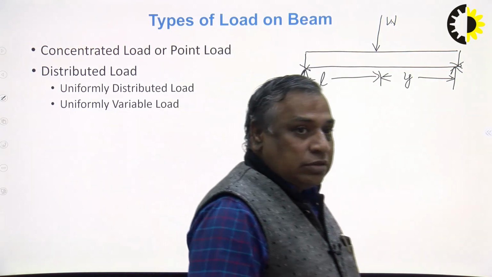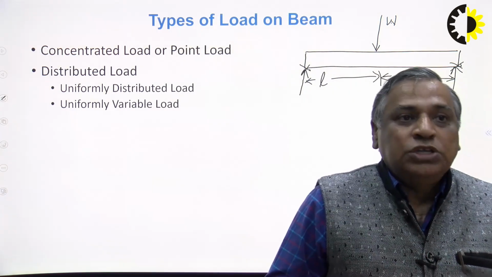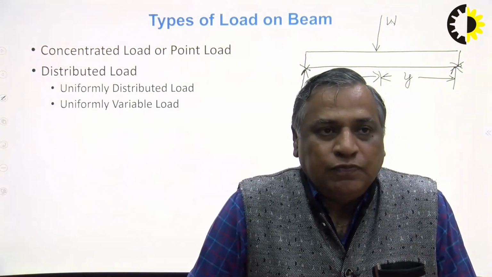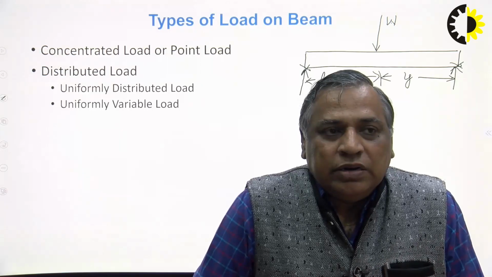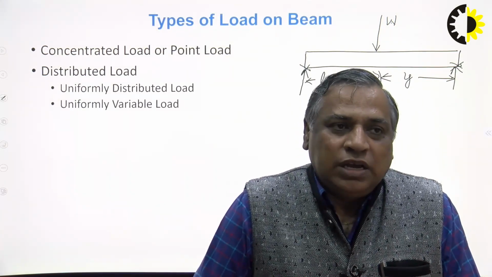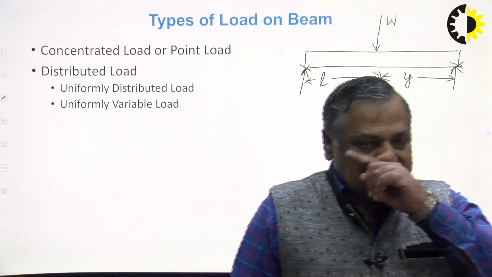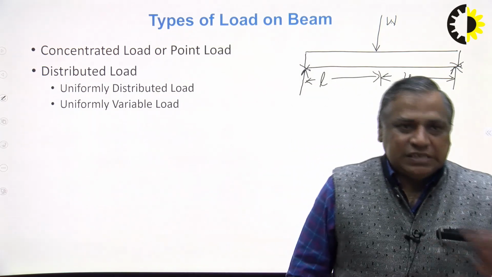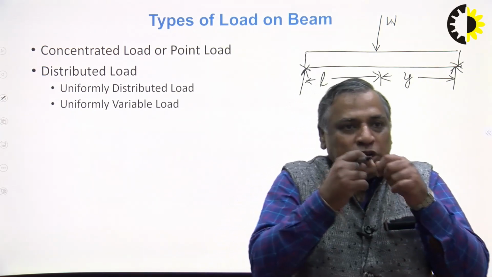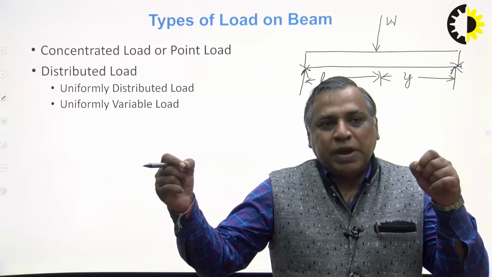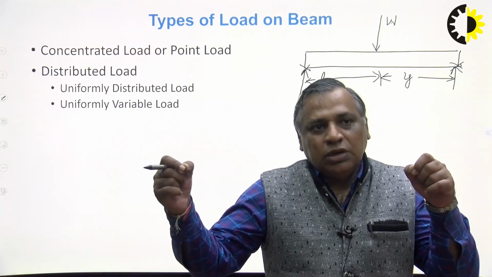Distributed loads are those loads which are distributed over a certain span of the beam, and here we will discuss two specific types of distribution. That is uniformly distributed load, where the load intensity from one point to the other end of the span over which it is distributed remains constant.